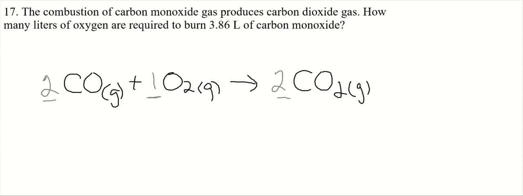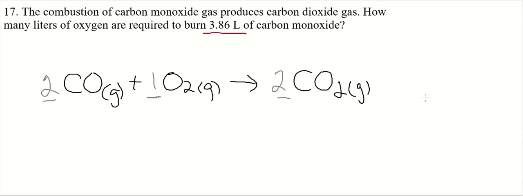Now that we have a balanced equation, we can do our 3 steps to solve almost all stoichiometry problems. So number 1, the value given, we need to convert that into moles. If it's not in moles, you always want to convert that into moles.